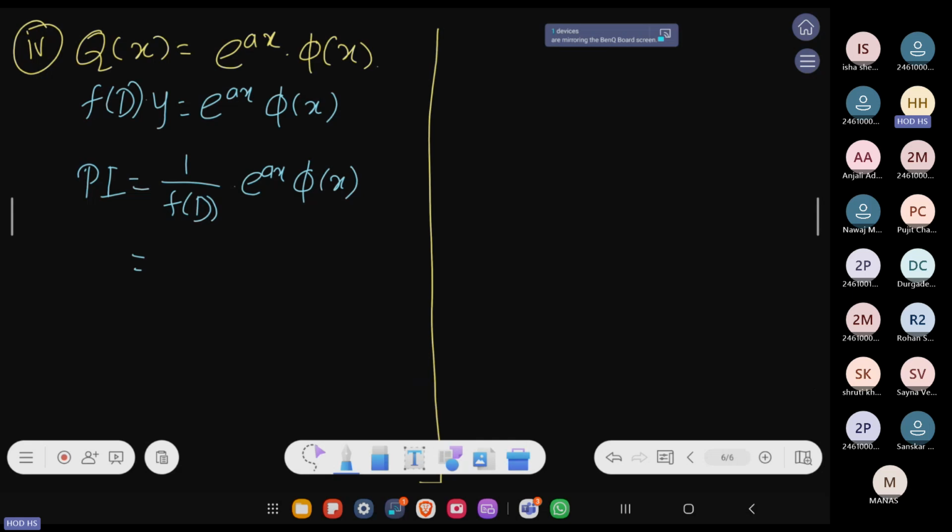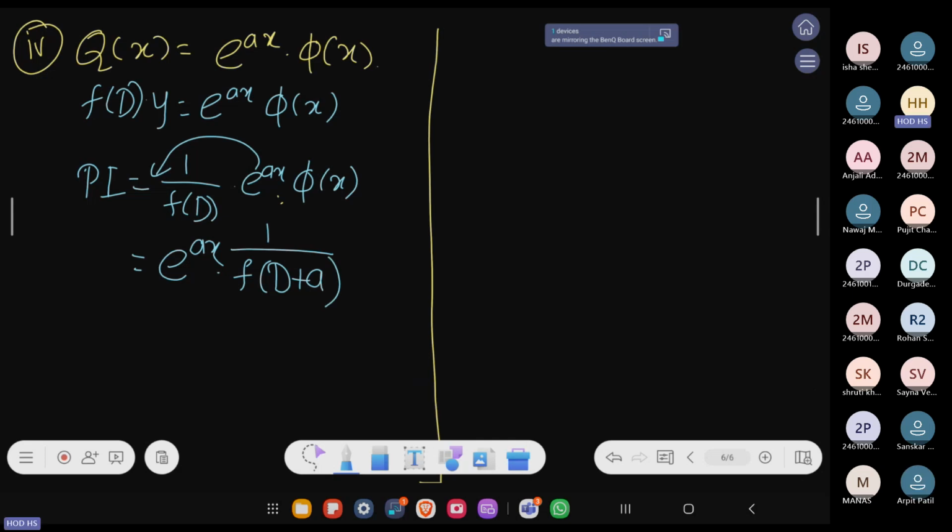I can take e to the power ax outside the operator. But notice that it was a function, so it cannot be taken outside without any cost. The cost of taking e to the power ax outside the operator is that you have to change your operator from 1 upon f of D to 1 upon f of D plus a.